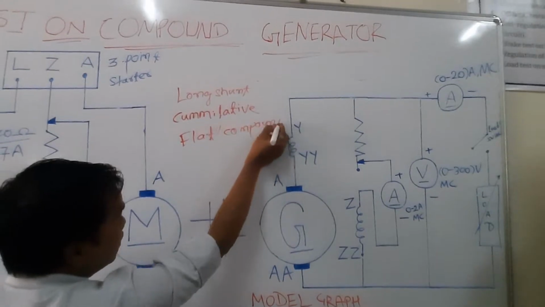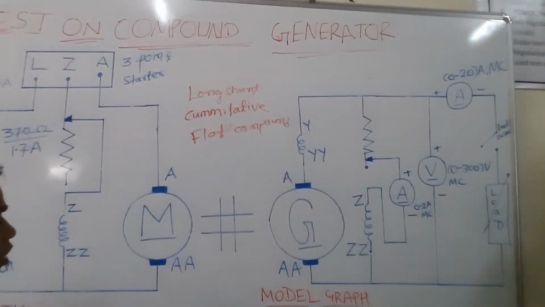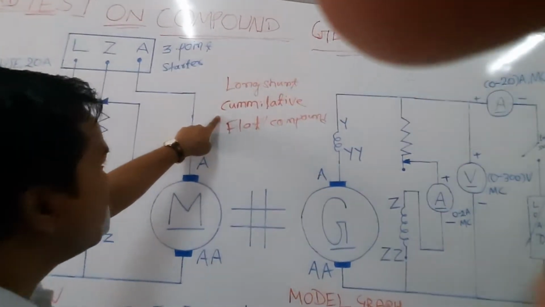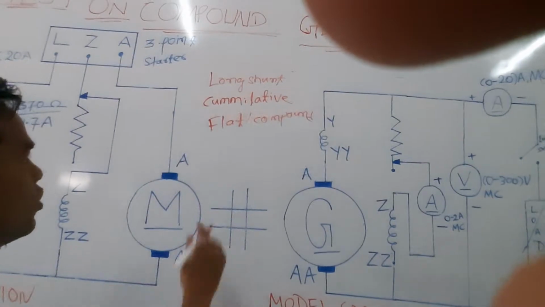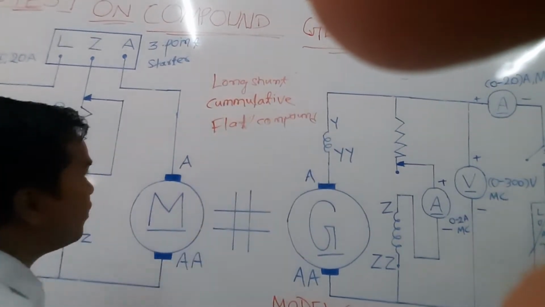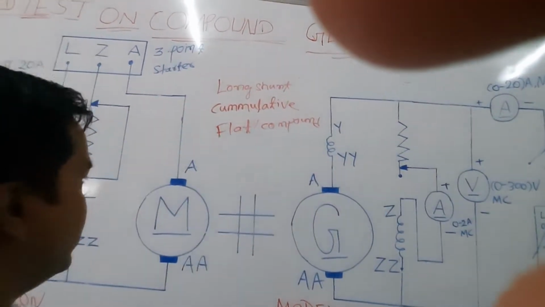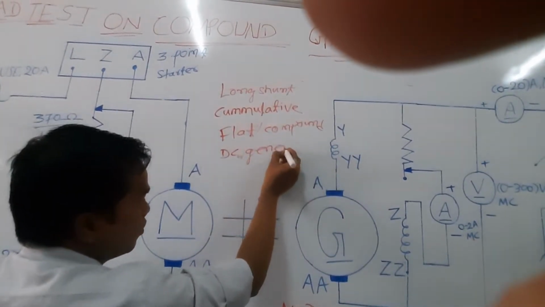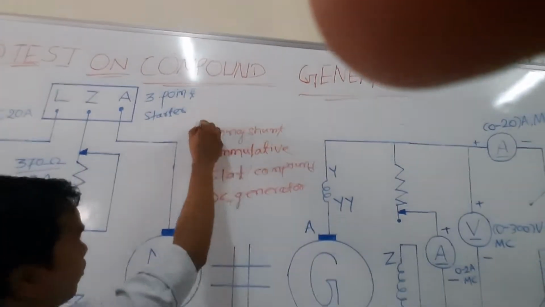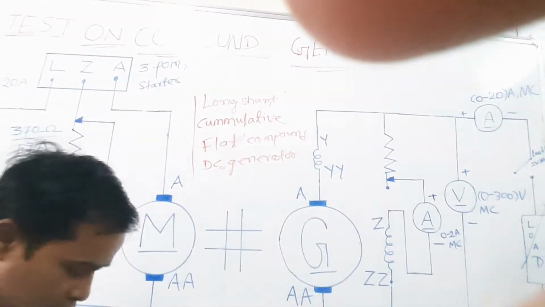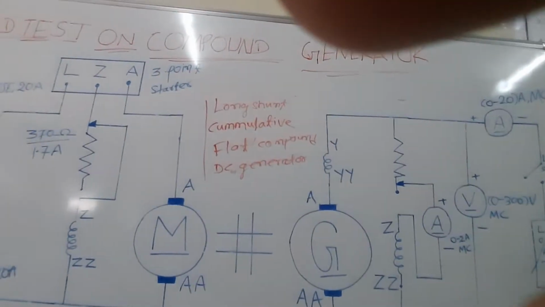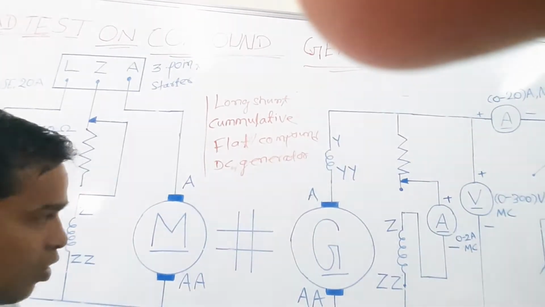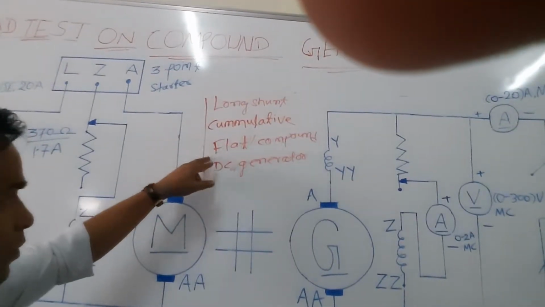So the actual name of this experiment should be load test on long shunt cumulative flat compound DC generator. This is what we are going to do. These things we are going to study in more detail in theory class. But right now I am telling you that in this lab we are going to consider a compound generator which is long shunt, cumulative, and flat type.